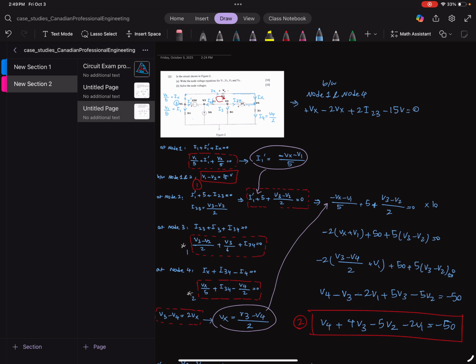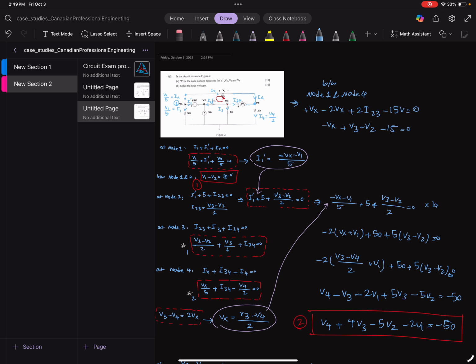This is the trickiest one, because otherwise we wouldn't get the fourth equation. So remember to use all of the circuit. So we have minus Vx plus 2I23, which is basically V3 minus V2, plus V3 minus V2, minus 15 volt is 0, okay?